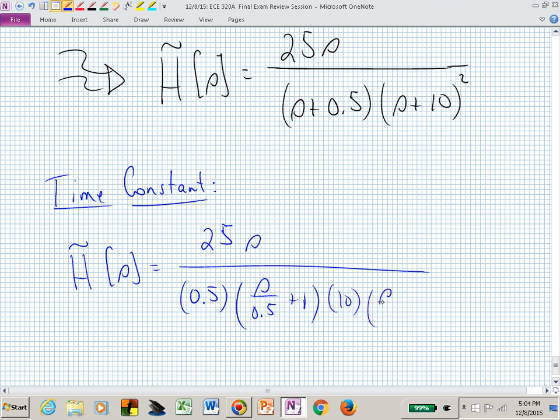We have a 10 s over 10 plus 1, and we have that again.